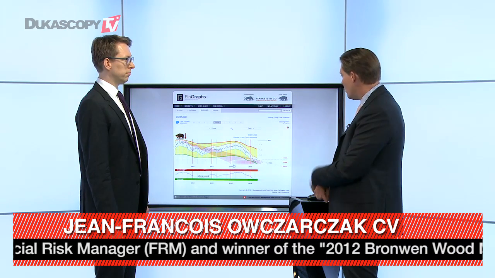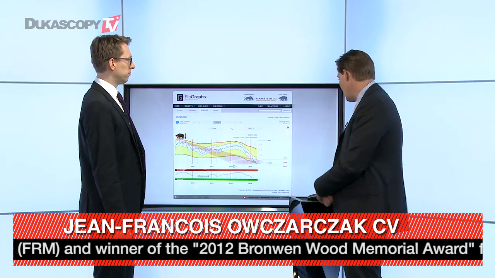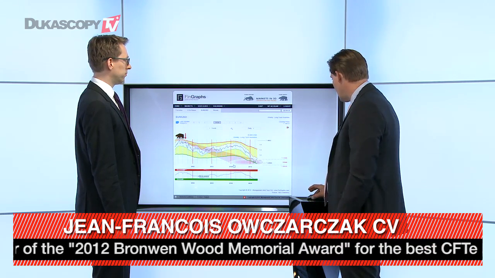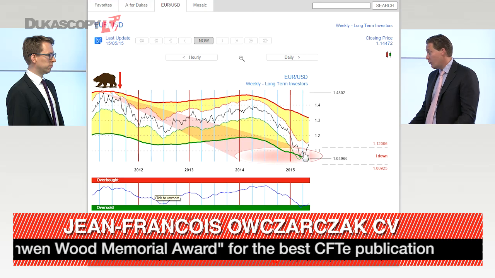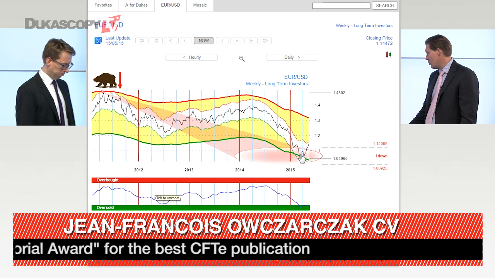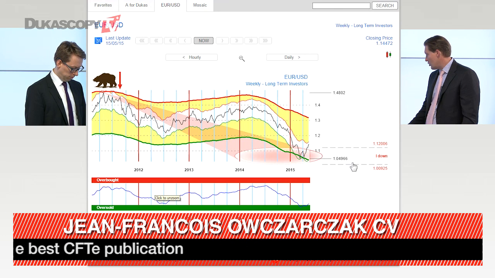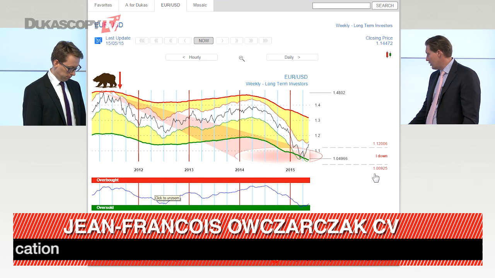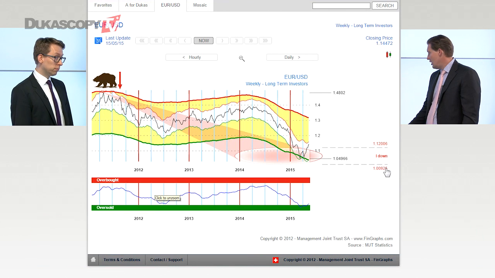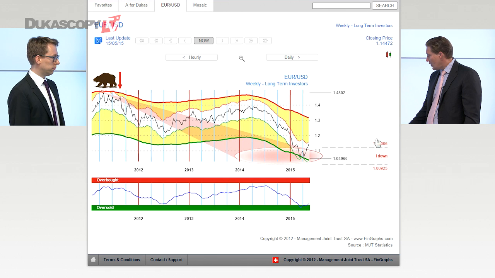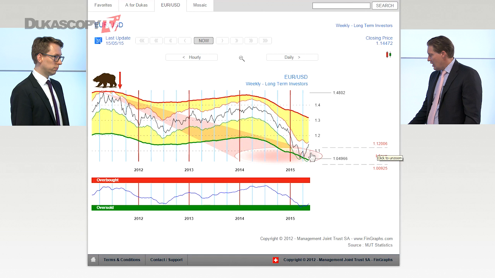If you look at this euro-dollar weekly chart, so the perspective over the next few quarters, the targets we have reached the target zone, but they could still extend down to almost parity here. So we have 1.00925. They've reached the initial boundaries here of their targets, and they are reacting on some temporary exaggerations.